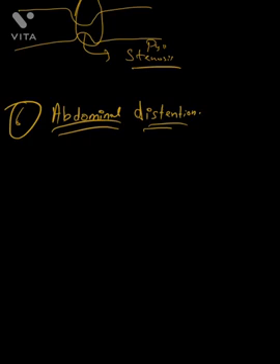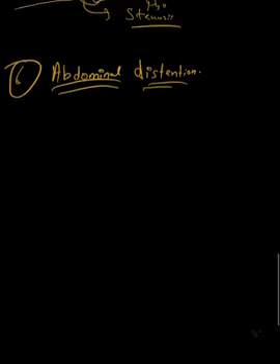It might also be due to a fetus in pregnant women, where abdominal distension is present. Also, functional bloating might be present in the patient. So this is all about abdominal distension.